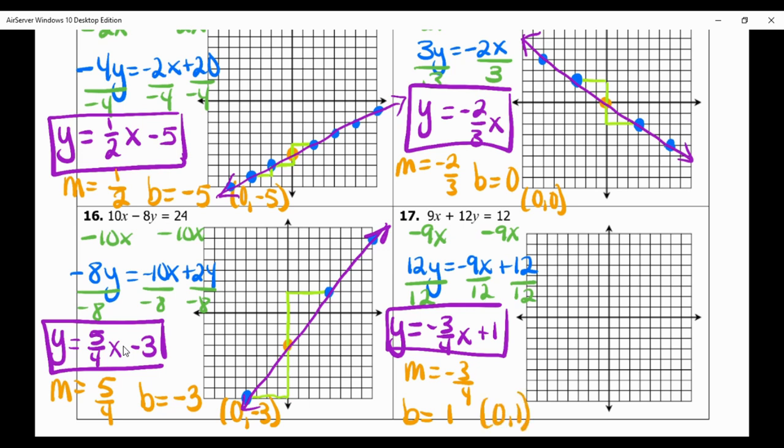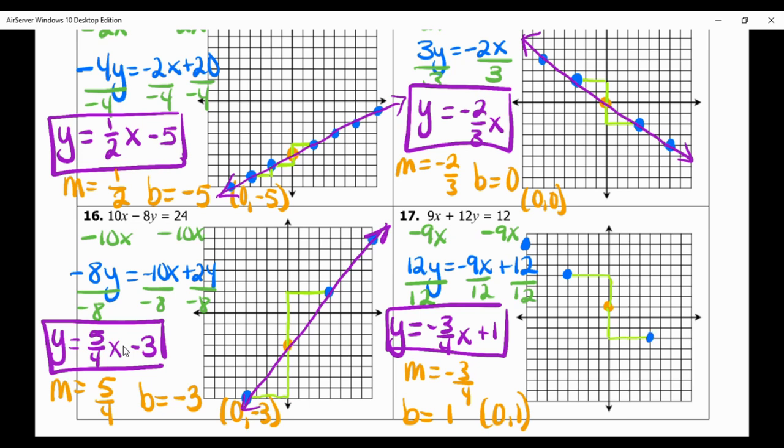So we're going to make our first point at 0, 1. Next, we're going to use our slope to graph a decreasing line with a slope of negative 3 over 4. So to do so, we want to move up 3 units from the y-intercept to the left 4. Make that point. Up 3 to the left 4. From the y-intercept, we can also move down 3 units to the right 4.